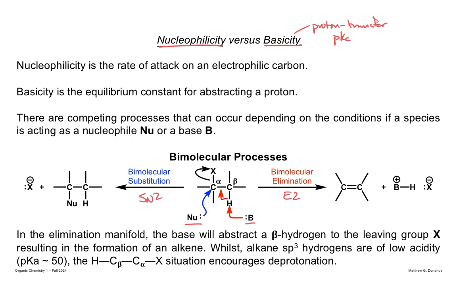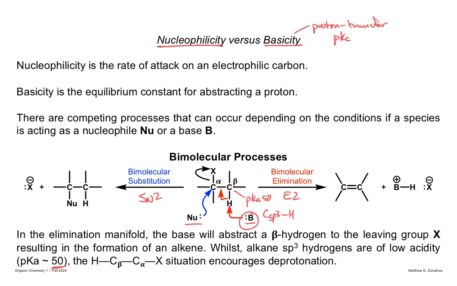And what I can point out about why this is weird, in a sense, we learned that a C sp3-H bond, so for like an alkane, has an acidity of about 50 on the pKa scale. So it's not very acidic.